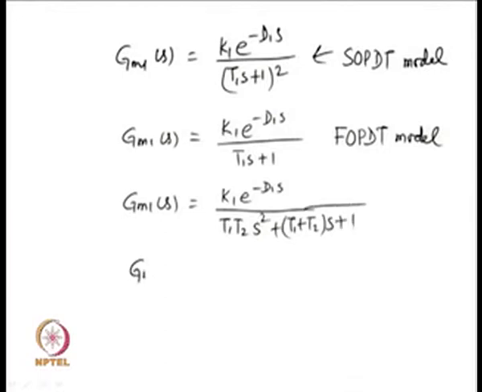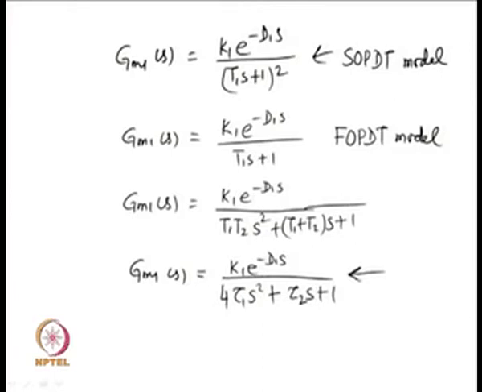Can we take any other form like G_M1 = K1 e^(-D1 s) / (tau1^2 s^2 + 2 tau1 tau2 s + 1)? Can I take it in this form? That means, this represents the dynamics for an underdamped system, this represents the dynamics for a second order transfer function model with two distinct poles.